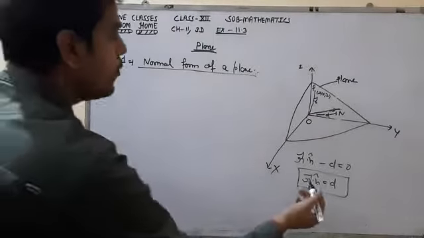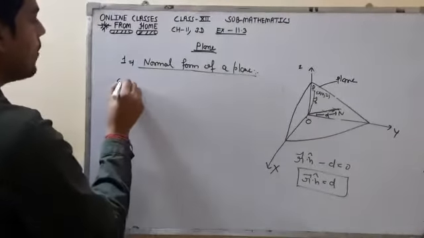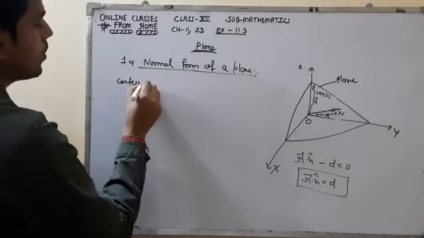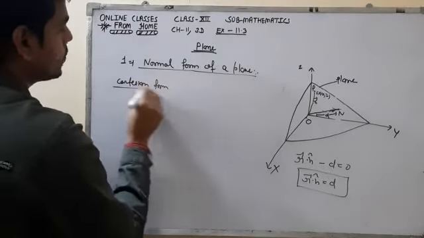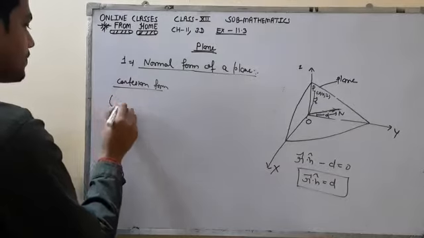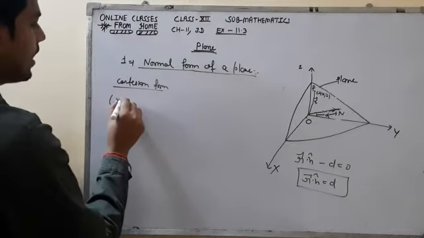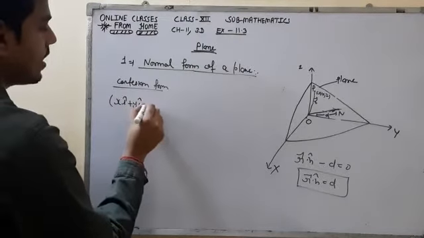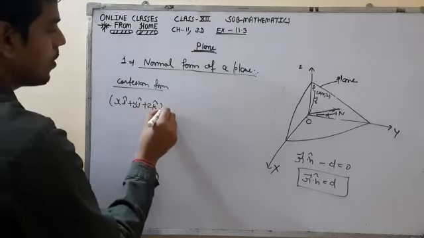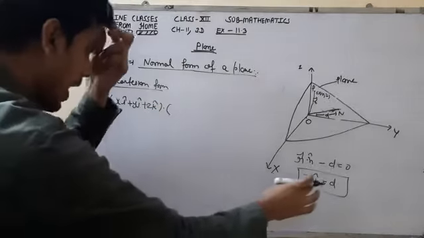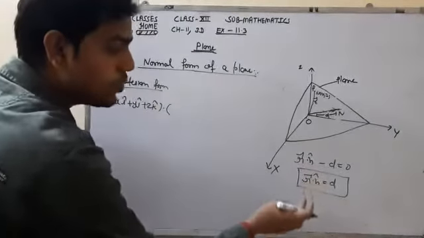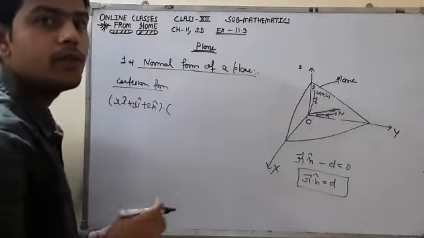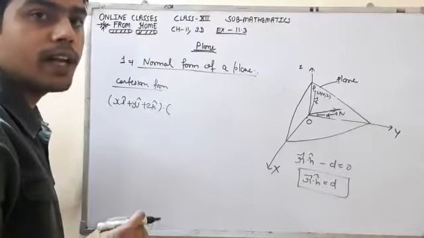Now I am deriving the Cartesian form. So we can write the r vector like x i cap plus y j cap plus z k cap. And here n cap: we know that in a unit vector we have the direction cosines.